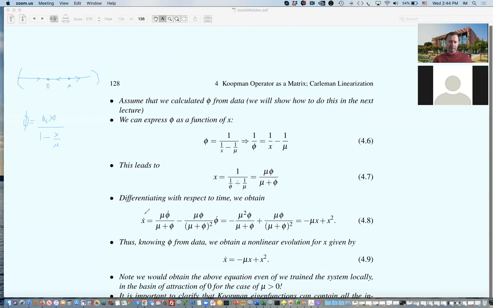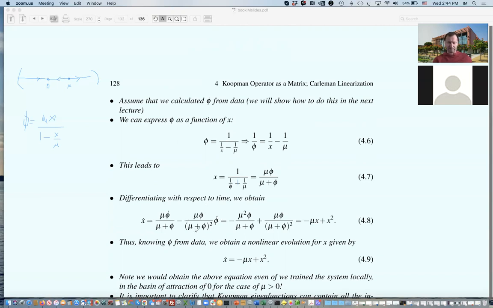So let me write x dot as a function of phi and phi dot to start with. So that's going to be mu phi dot divided by mu plus phi. That's differentiating the top. And then the bottom is going to give me minus mu phi. So I'm keeping mu phi on the top, divided by mu plus phi squared. And then again, multiplying phi dot.